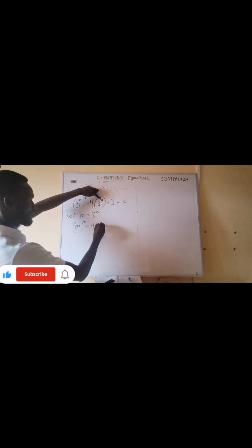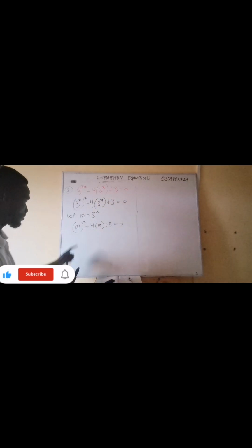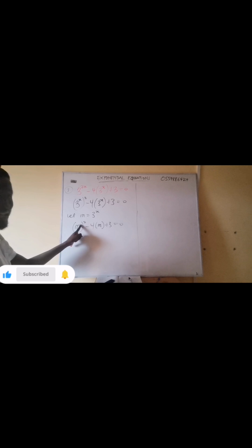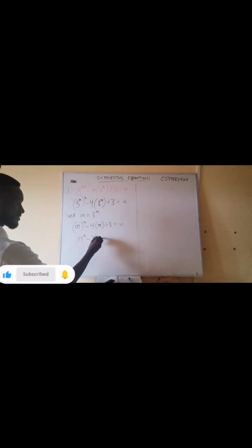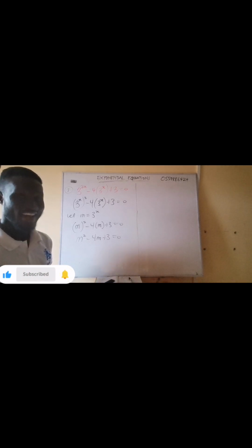So this one is equal to m exponent 2 minus 4 times 3 exponent x, which is m, plus 3 equal to 0. I hope you are getting it. Very simple. Now this means the 2 will multiply the exponent of the m, which will give you m squared. Now this gives us m squared minus 4m plus 3 equals 0.